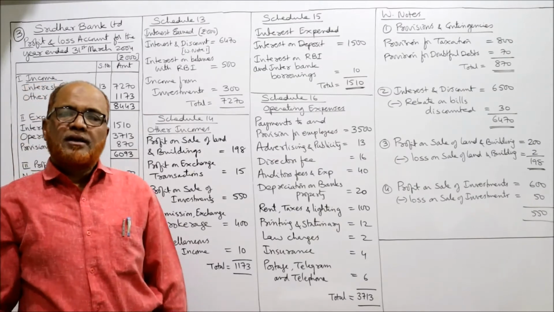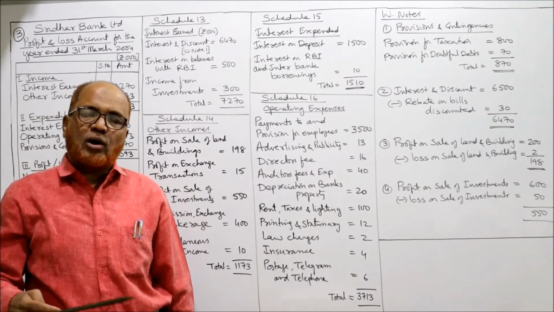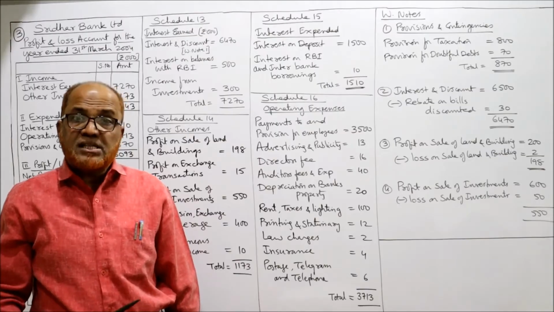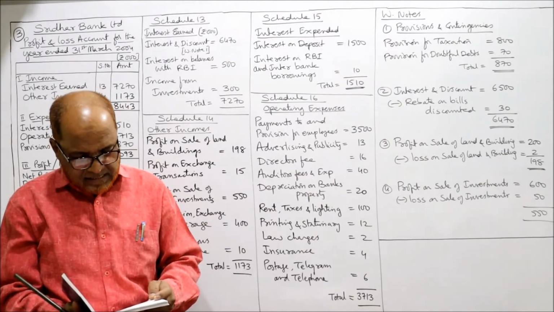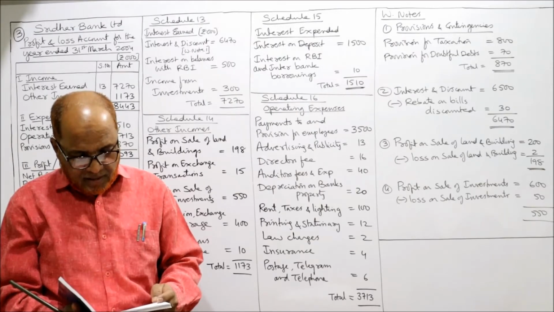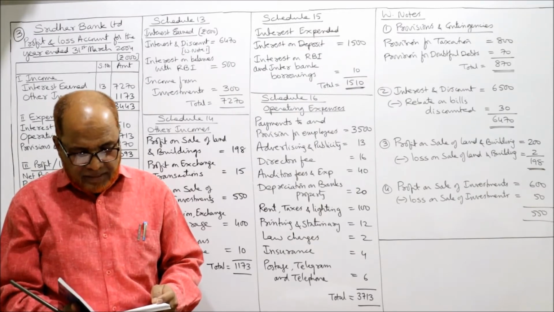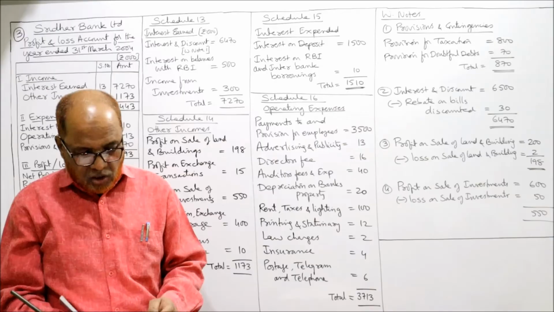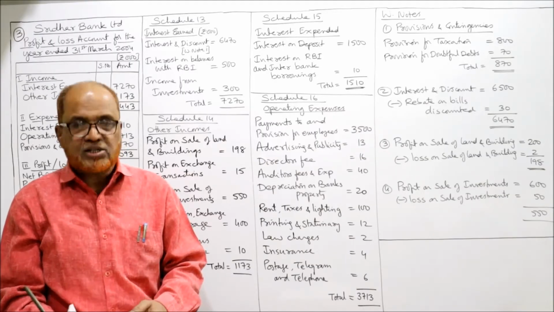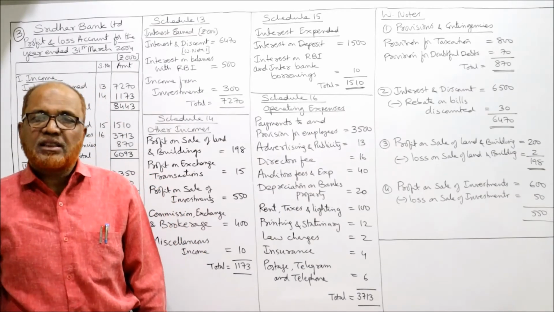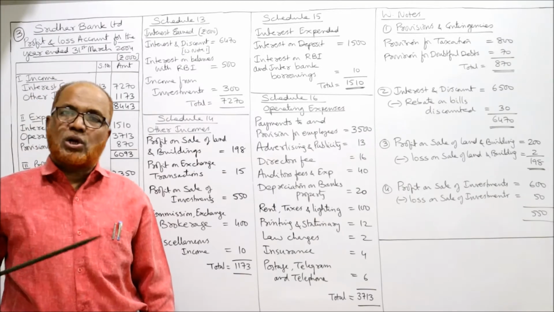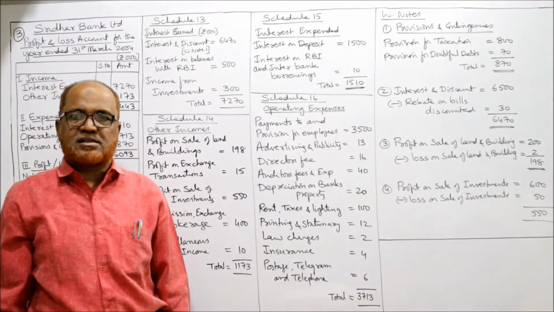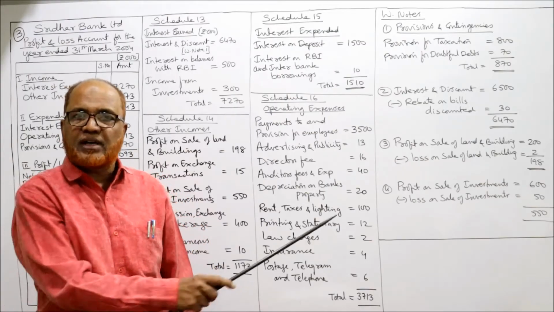Now see, there is a profit and also there is a loss, so we can set off. The profit on sale of land, building and other assets is given here: 200, and the loss on sale of land, building and other assets: 2. Since the problem gives both, we can set off in the working note.